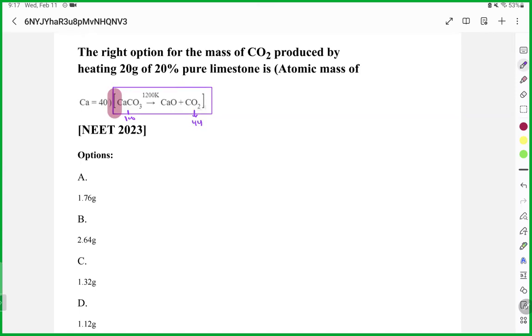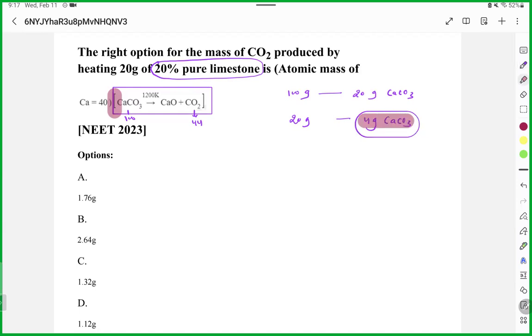Correct. And 20% pure limestone. It means if you have 100 gram, then only 20 gram will be limestone, calcium carbonate. One fifth. If you have a total of 20 gram, one fifth will be 4 gram of pure calcium carbonate. Makes sense? Any doubt? This is the calcium carbonate amount you have.